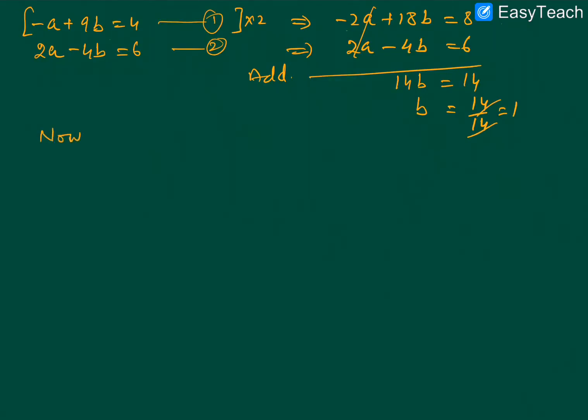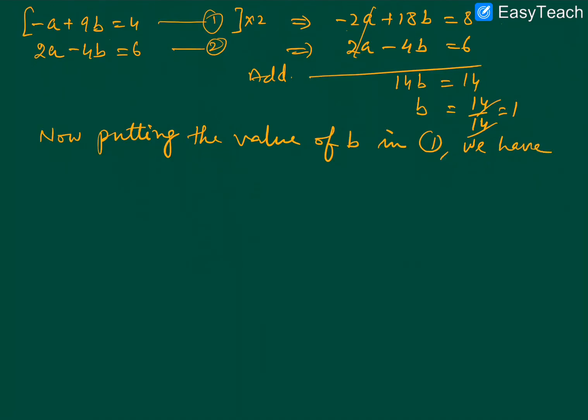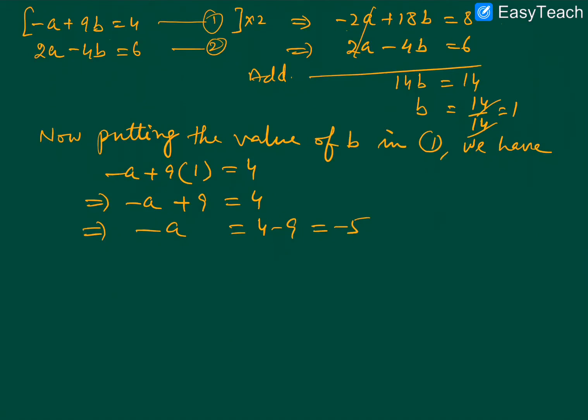Now putting the value of b in 1, we have minus a plus 9 into b is equal to 4, that is minus a plus 9 is equal to 4, or minus a is equal to 4 minus 9, that is minus 5.